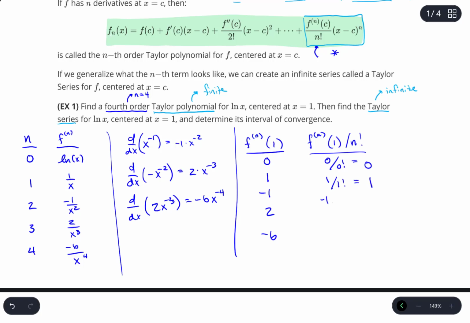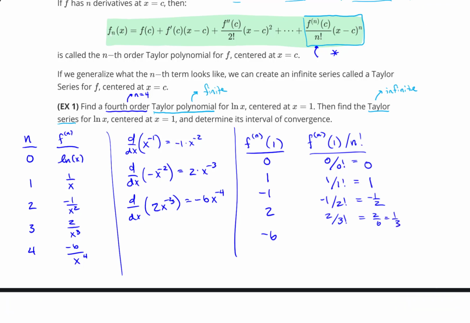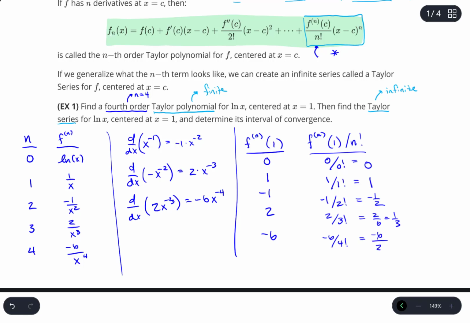Then negative 1 over 2 factorial, that would be negative 1/2. And then 2 divided by 3 factorial, essentially 2 over 6, which is 1/3. And then negative 6 over 4 factorial would be negative 6 over 24. 6 goes into 24 4 times, so negative 1/4.